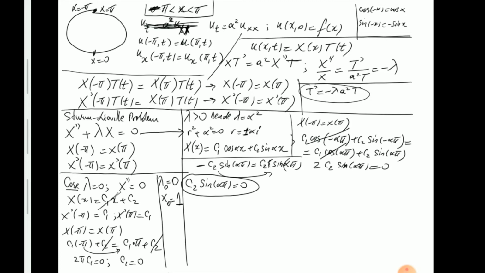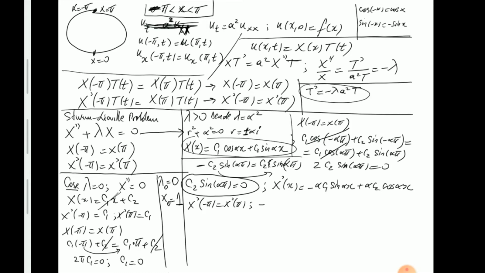So let's do the other boundary condition, which is X prime of minus pi equals X prime of pi. For that, we need X prime of x, so we have to differentiate first the solution over here. So we have minus alpha c1 sine of alpha x plus alpha c2 cosine of alpha x. And now let's impose the conditions. X prime of minus pi equals X prime of pi.